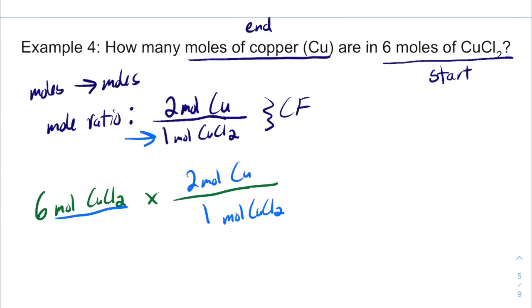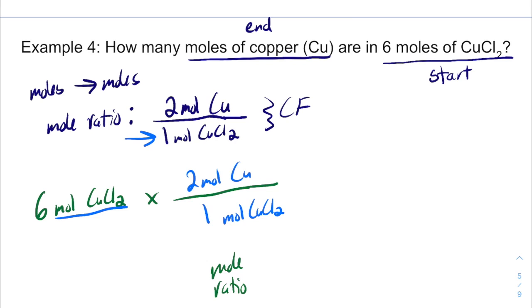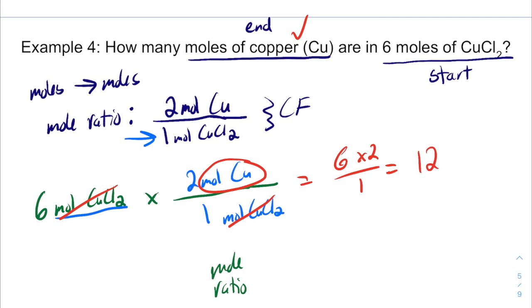Again, this is just our mole ratio. Let me cancel out my units. I have moles of CuCl2, cancel that out, and I'm left with moles of Cu, which is what I wanted to end with. So I can just end by multiplying everything on the top, dividing by everything on the bottom, and I get 12 moles of copper.